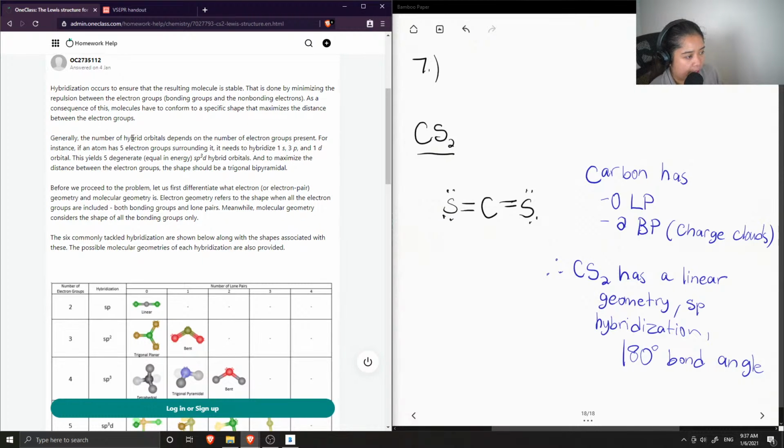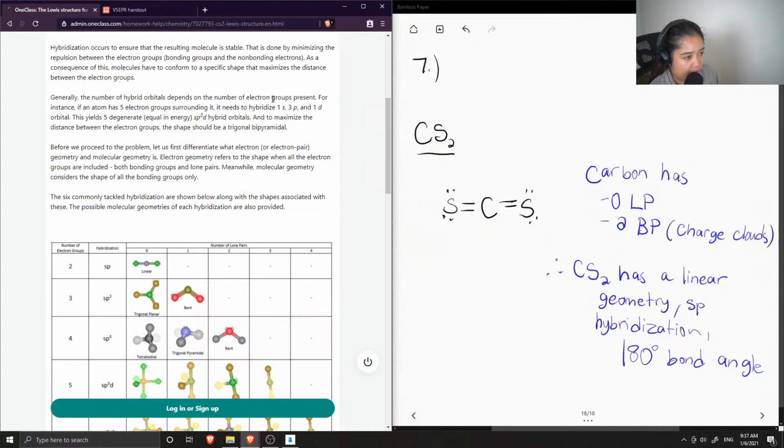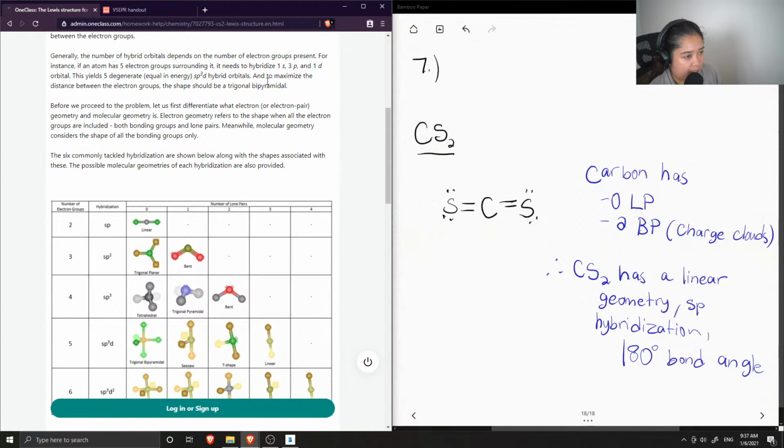Generally, the number of hybrid orbitals depends on the number of electron groups present. For instance, if an atom has 5 electron groups surrounding it, it needs to hybridize 1s, 3p, and 1d orbitals. This yields 5 degenerate, equal in energy, sp3d hybrid orbitals. And to maximize the distance between the electron groups, the shape should be a trigonal bipyramidal. So this is shown here.